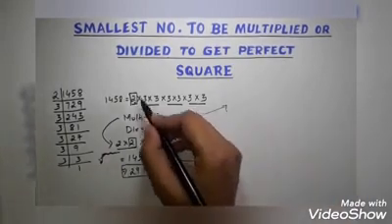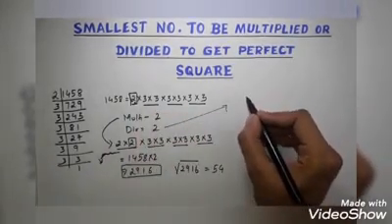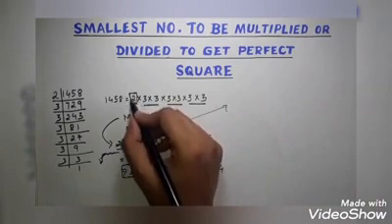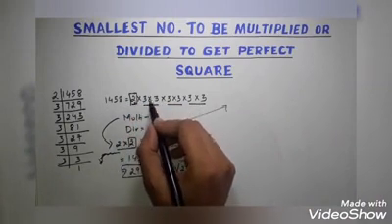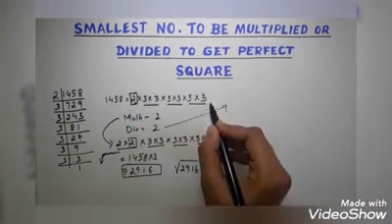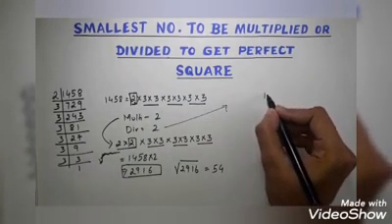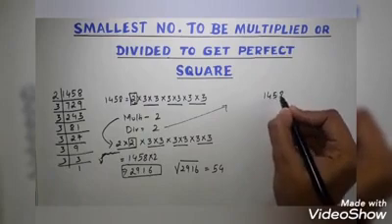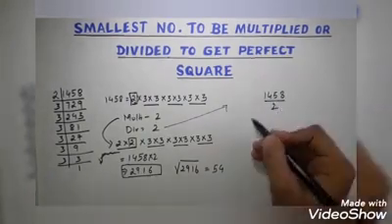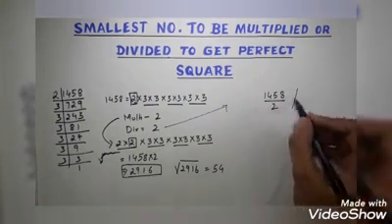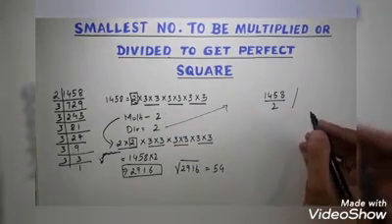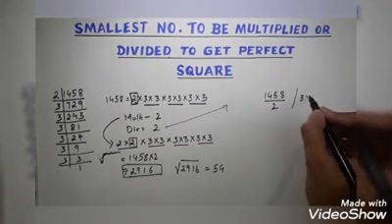When I have to divide a number by 2, I have to remove this 2. So when I remove this 2, I have to just multiply all these 3's. Or you can write 1458 divided by 2. Either you can divide this, or you can multiply all these 3's. You're going to get the same answer.